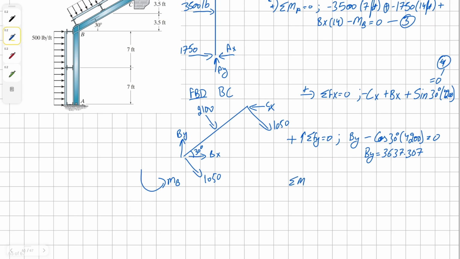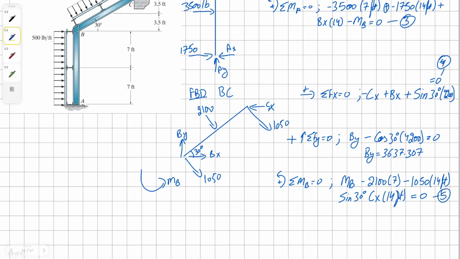And now I'm going to take a moment about the point B. Going to have positive moment B, clockwise 2100 at 7 feet, clockwise 1050 times 14 feet, and then sine 30 times Cx times 40 equals 0. This is going to be equation number 5.